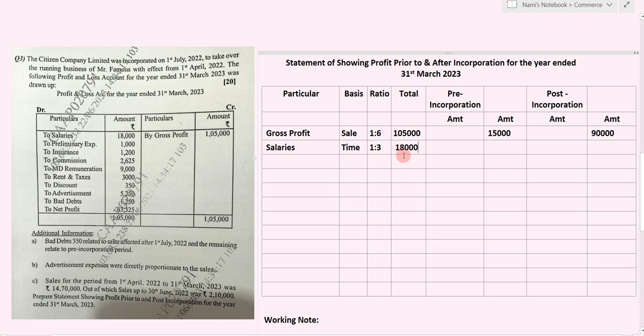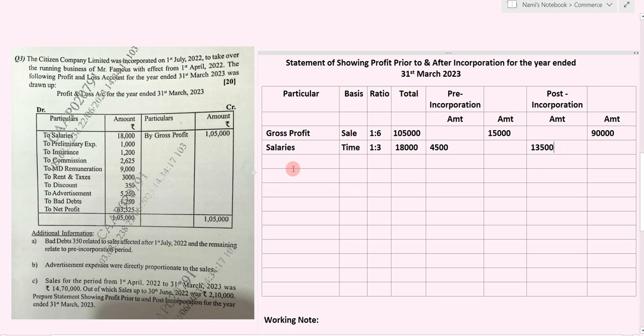So from 18,000, 4,500 belongs to pre-incorporation. Write it in the debit side, because whatever items are in the debit side, the entries will go in the debit side, and the entries of the credit side will go in the credit side. 13,500 is of post-incorporation.